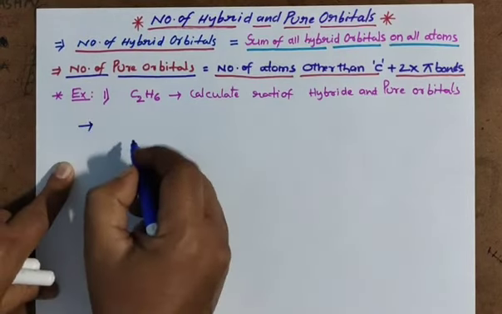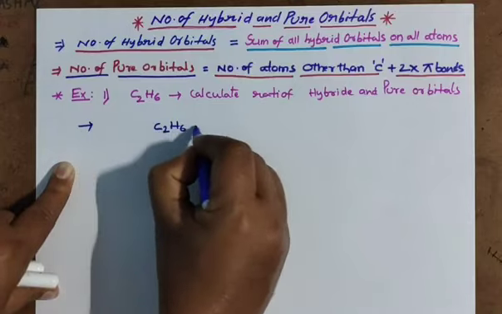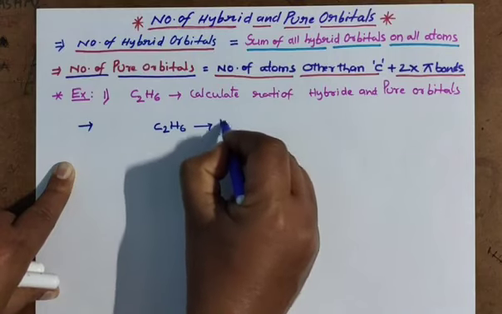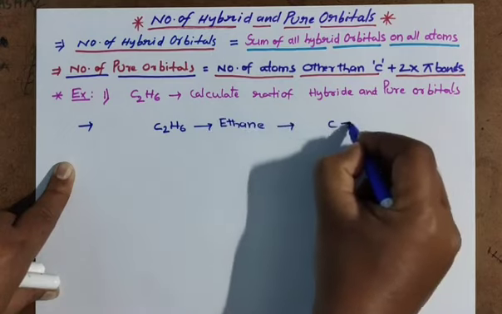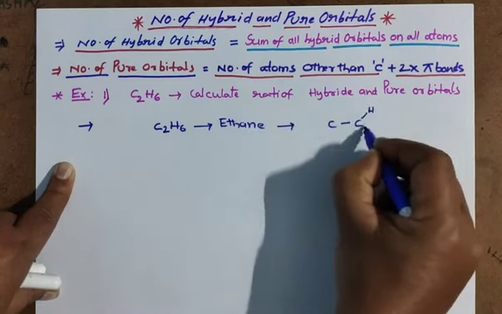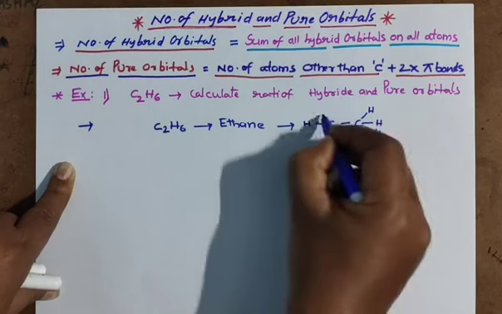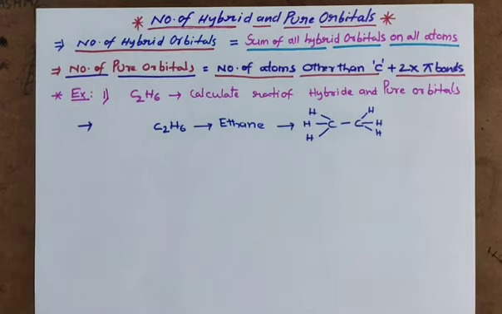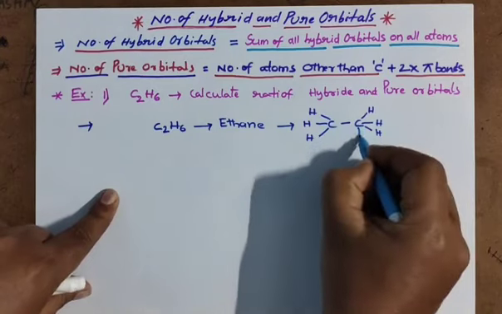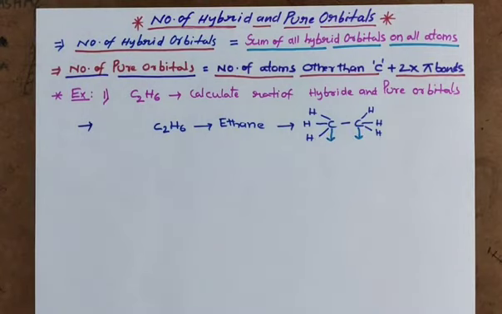First, the C2H6 structure. C2H6 means ethane. The structure is ethane with a single bond. This is the structure of ethane. Now we have to go for the hybridization of each carbon. All single bonds, that's why sp3 hybridization.